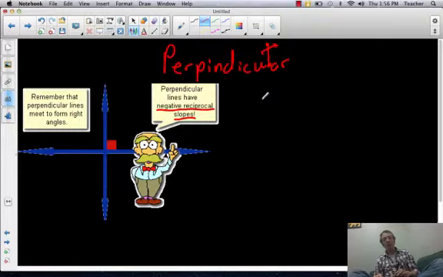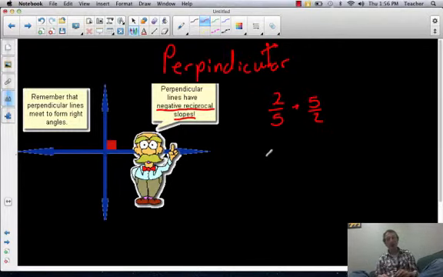A negative reciprocal, I've often heard, is the opposite flip. Now, a reciprocal, real quick. A reciprocal is just the flip side of a fraction. So say we have this fraction, for example, 2/5. The flip side of that, or the reciprocal, would be 5/2. All you do is you flip it over on itself.